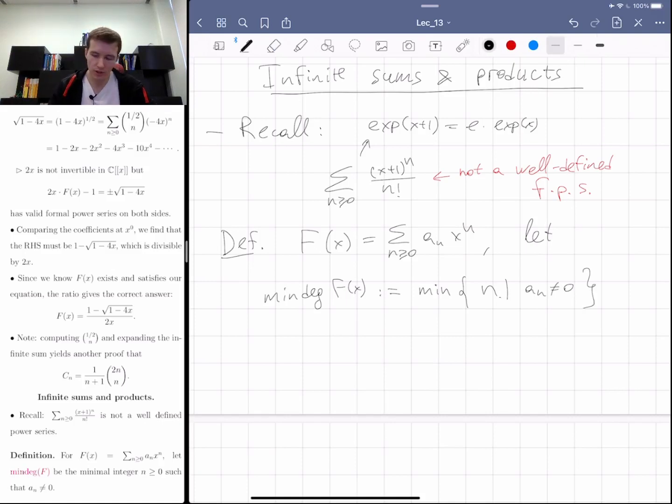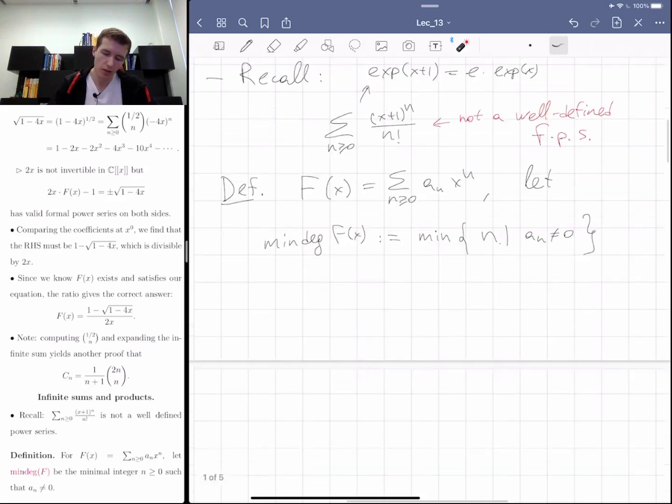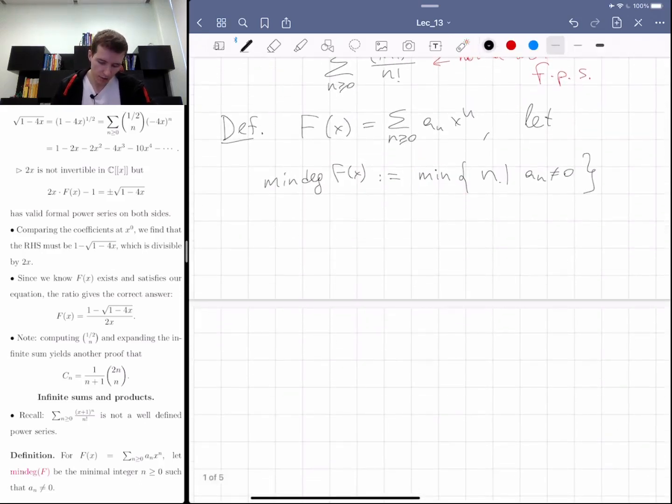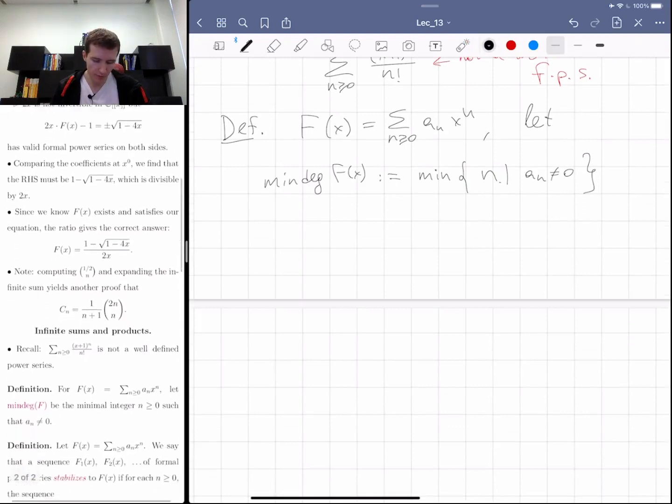I just look at the first coefficient which is not 0, so that's like the power of x which divides f(x). And I'm going to use this minimal degree to introduce the notion of stabilization.